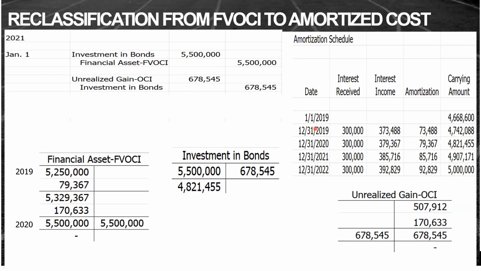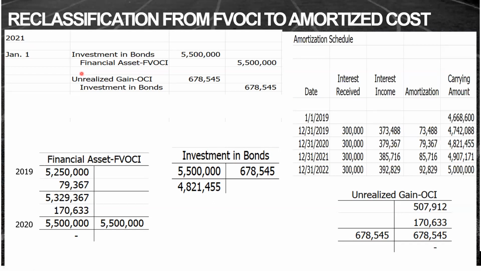So just to prove na parang na-revert yung ating financial asset to amortized cost, kung titingnan natin dito, yung balance na ng ating investment in bonds ay 4,821,455. And this is, take note, as of January 1, 2021, the first reclassification date.